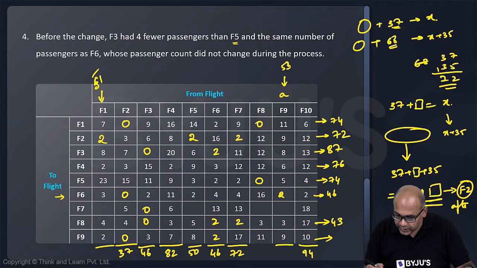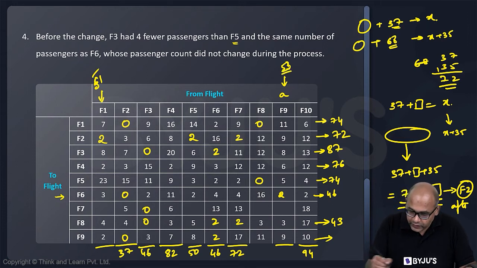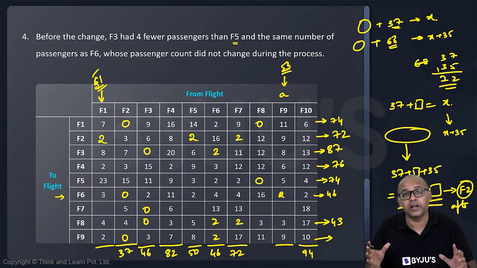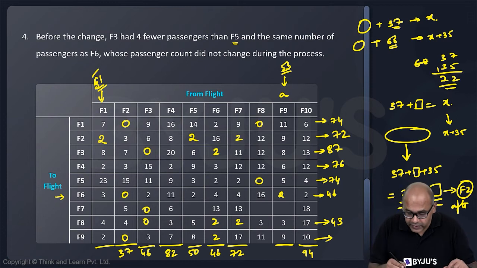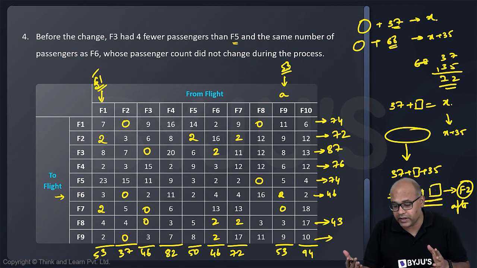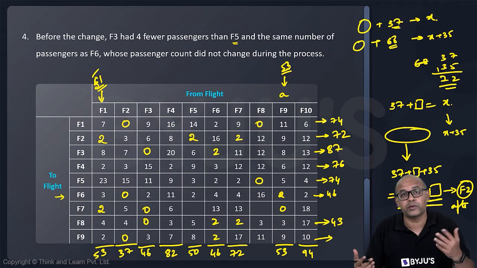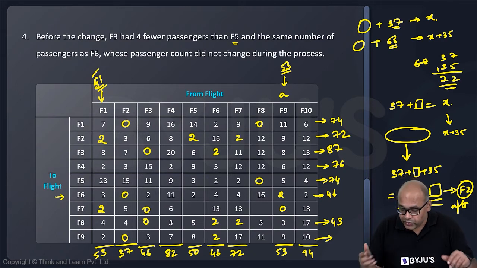Now if you notice, this is 53 and this is 51. This should ultimately end up becoming equal. The only way in which that can happen is you put this also as 2 and stop at 53, and this will become 0 and this will also become 53. Because if you cross 53 in your F9, then F1 cannot catch up to the total of F9. So you will get a 0.